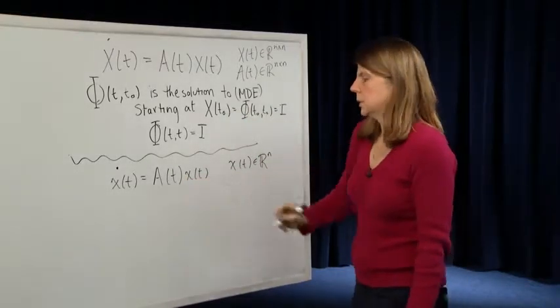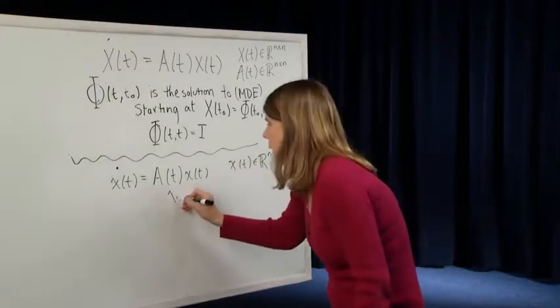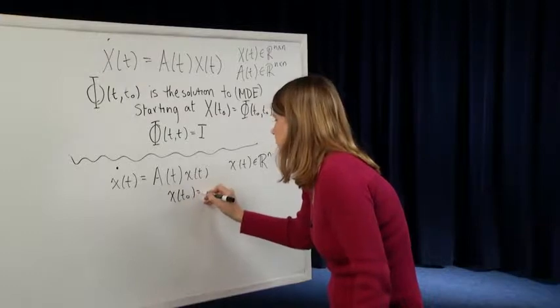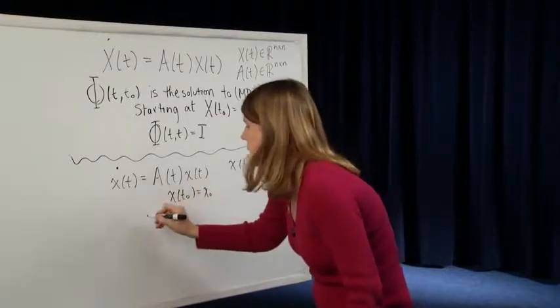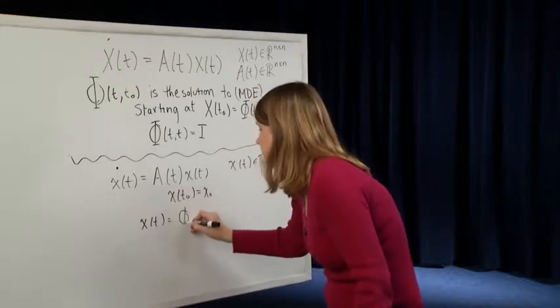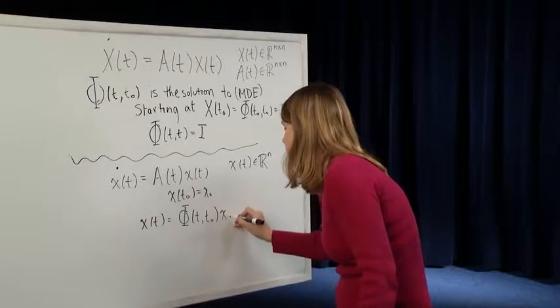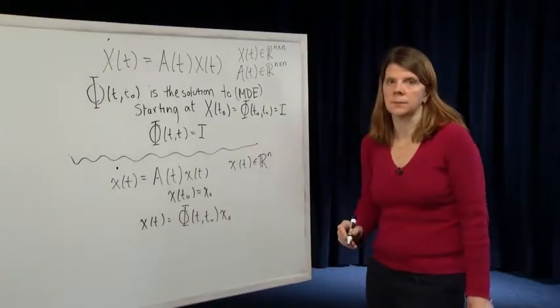The solution to that vector differential equation, starting at an initial condition of little x0, a vector in Rn, is given by x of t is equal to the state transition matrix for A of t multiplied by the initial condition.